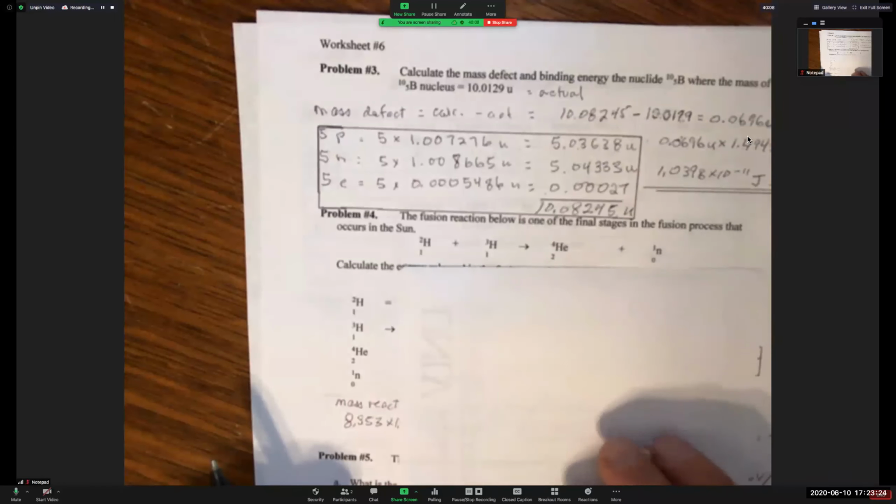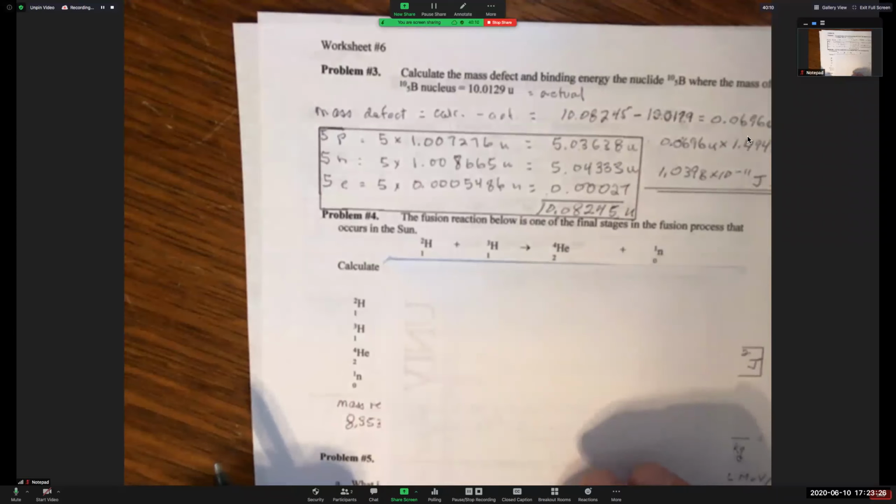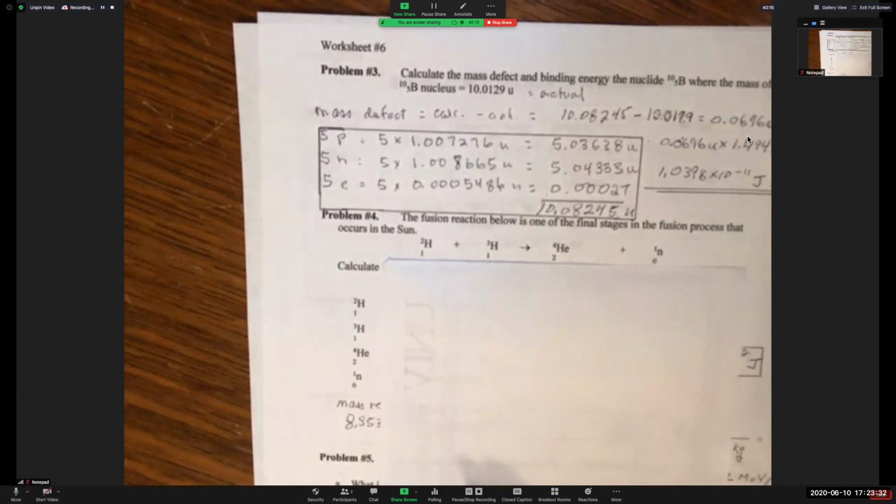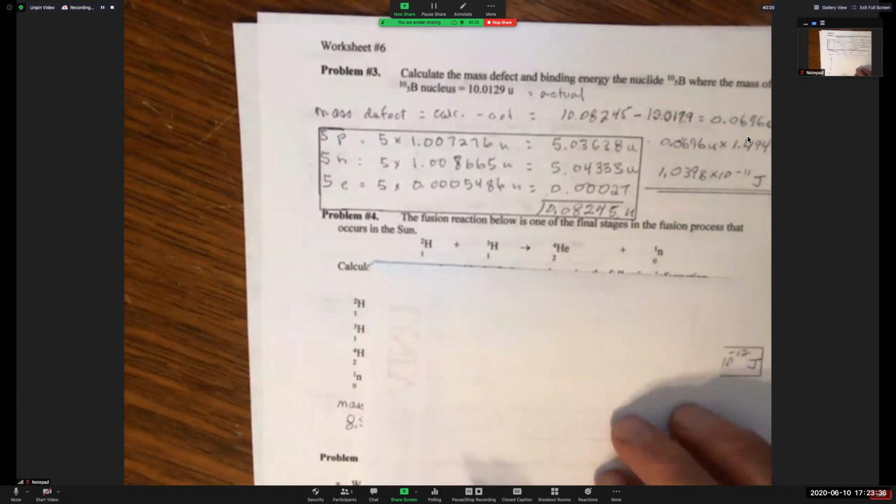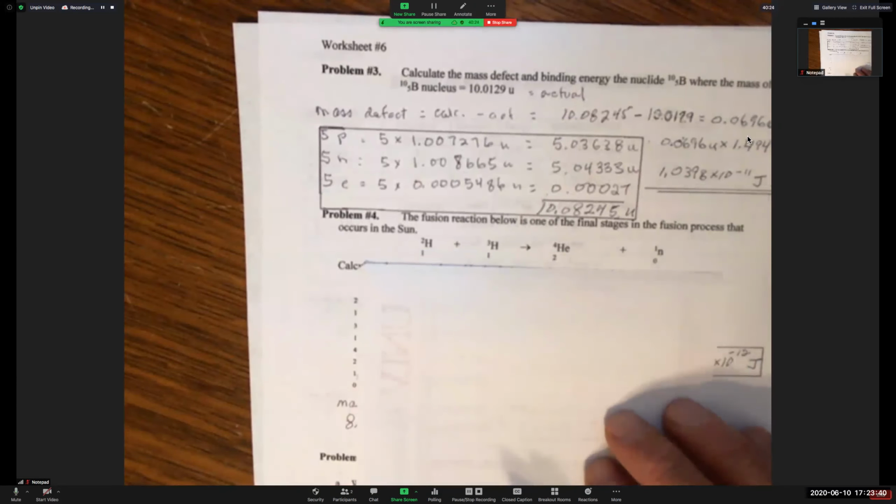Okay, so far we've been looking at just the binding energy that's holding a nucleus together. But when a nuclear reaction occurs, energy is released. And so here's an example of a fusion reaction between hydrogen atoms.